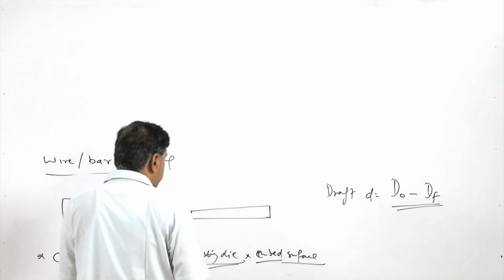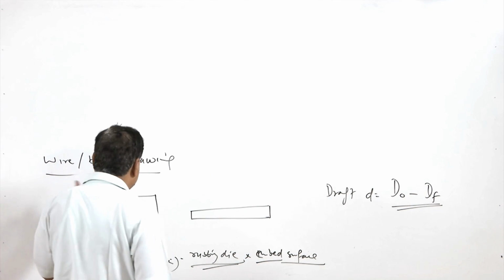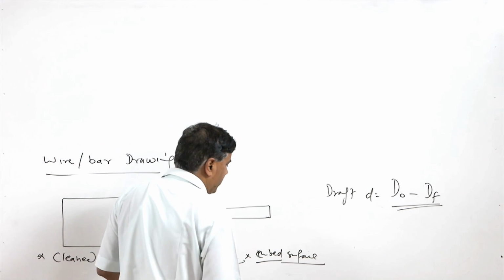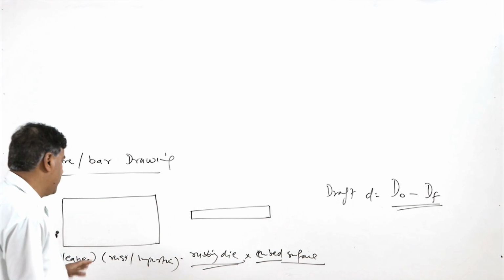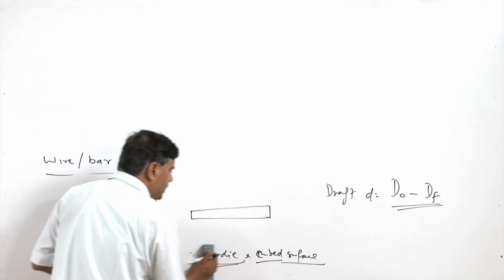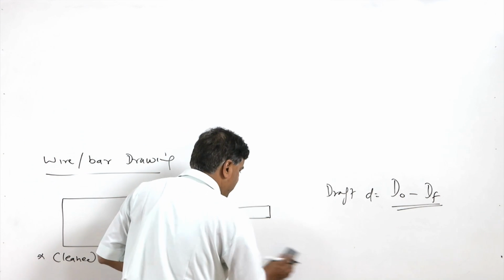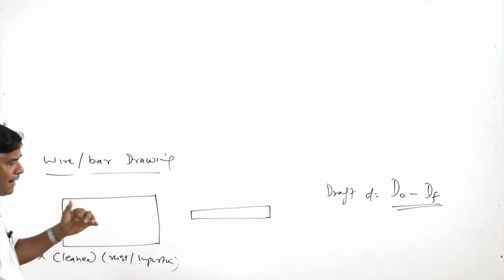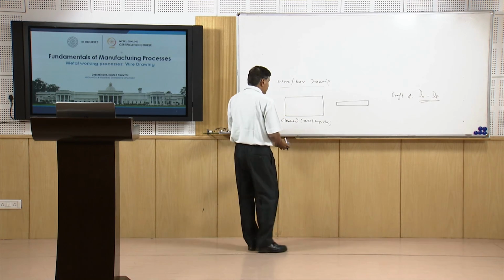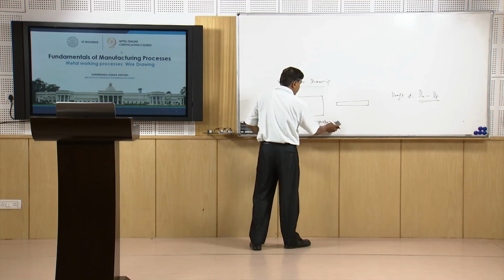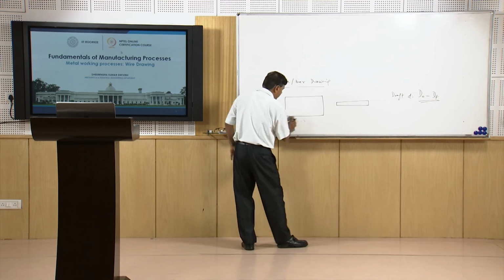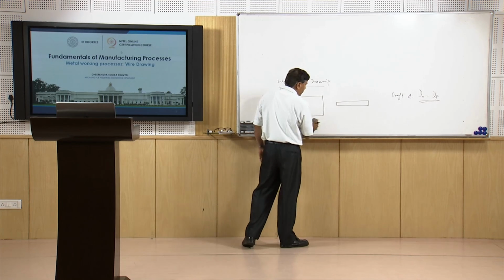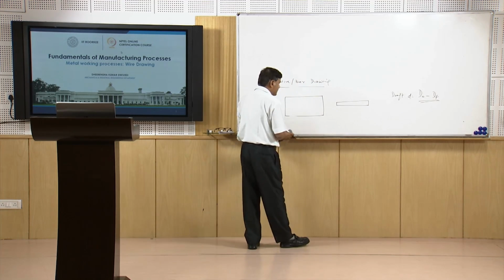So in order to avoid unnecessary die wear and roughening of the drawn bar or wire, the surface of the bar or large diameter wire which is to be drawn is cleaned.